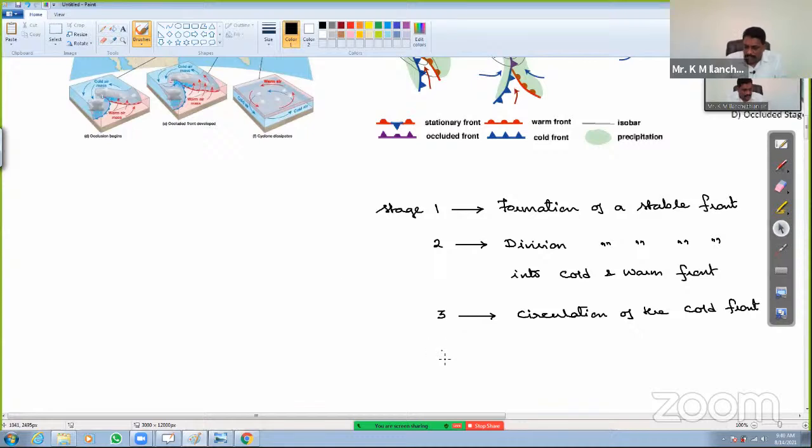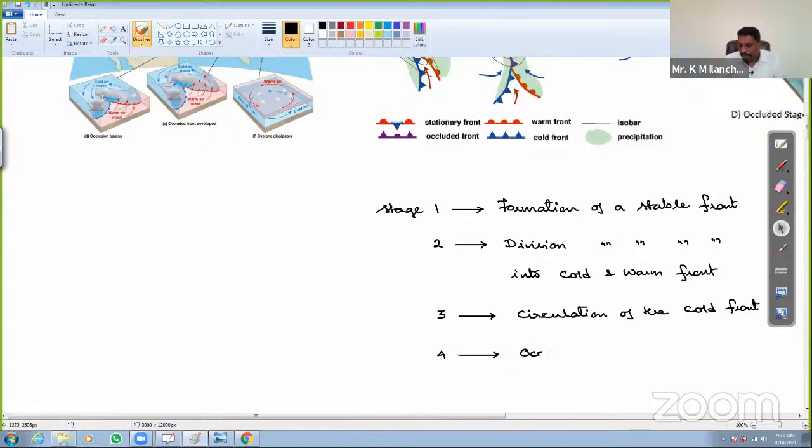Stage number four, if you ask me, what is stage four? Stage four is occlusion and stage five is dissipation. Stage four is the stage of occlusion.